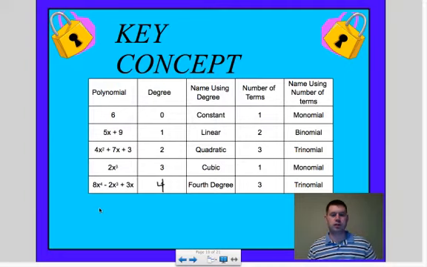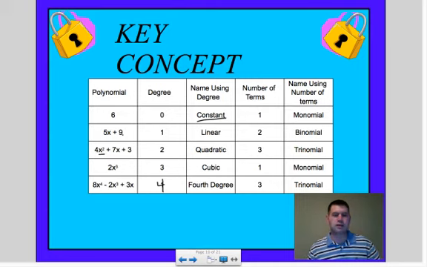If you're a 0 degree, you are what we call a constant. If you have a first degree, you're what we call linear, which should look familiar. It's y equals mx plus b. That's a linear equation, something we worked on. If it's a second degree, it's a quadratic.